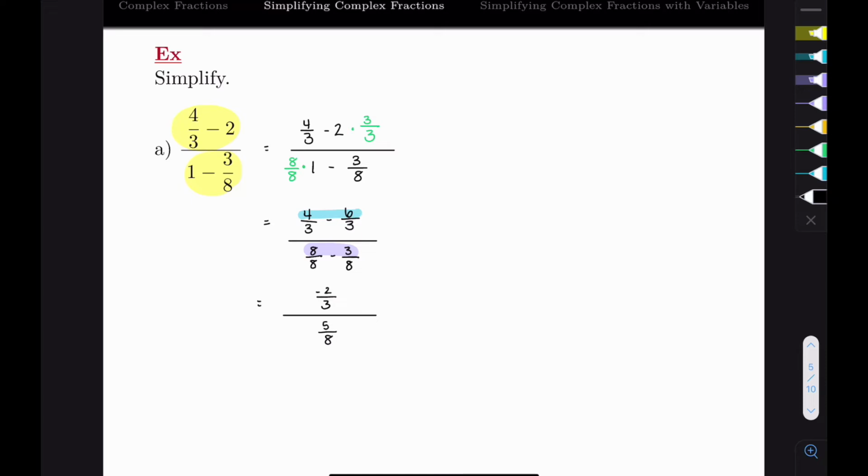And now, because we have a single fraction divided by a single fraction, you can think of this as the numerator, negative 2/3, divided by this denominator, 5/8. So all we need to do is change this to multiplication. So we have negative 2/3 times 8/5. It'd be helpful if I flip that second one correctly.